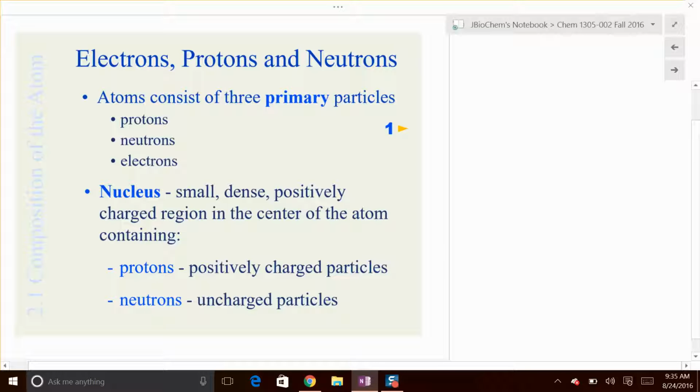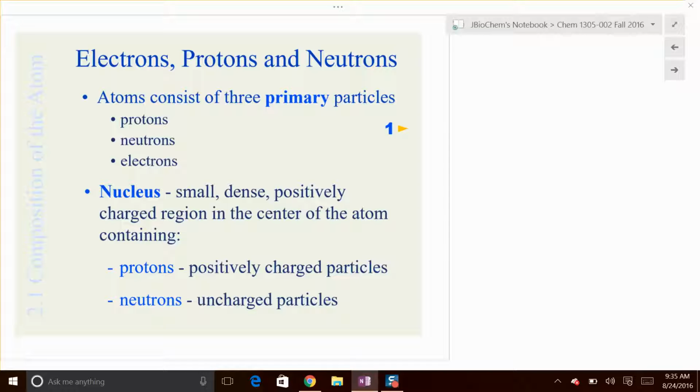There are three primary particles within an atom, and those are protons, neutrons, and electrons. So all atoms are made up of these protons, neutrons, and electrons.